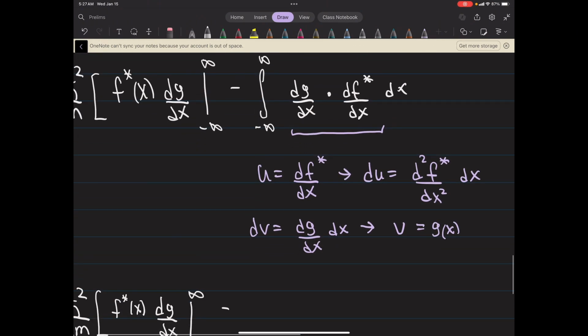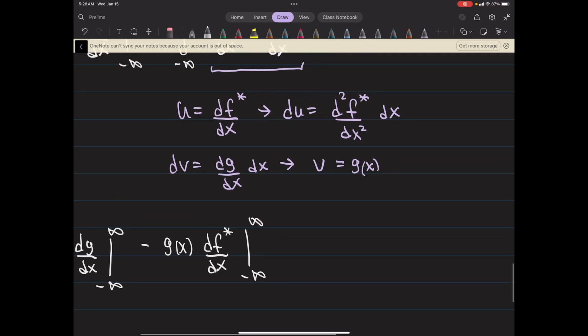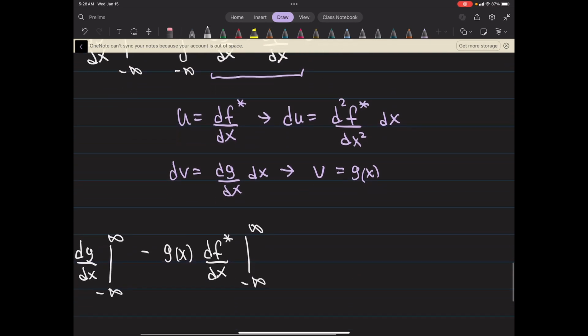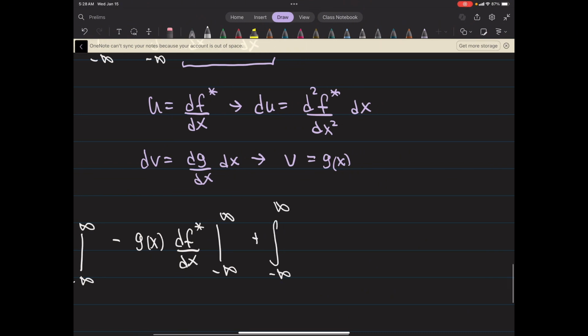So we're going to have u times v. Once again, these will be evaluated on these bounds minus, so there's already a minus here, so the other minus will make this positive, of v du.